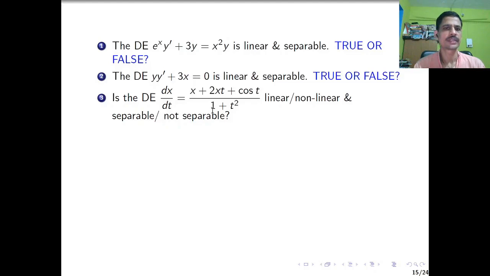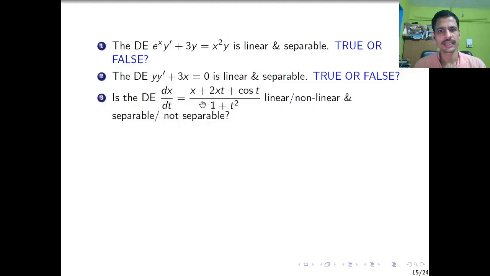Okay, so the given differential equation is linear because here the dependent variable x and its derivative are appearing with maximum power 1. So here dx by dt is appearing, here x is appearing.